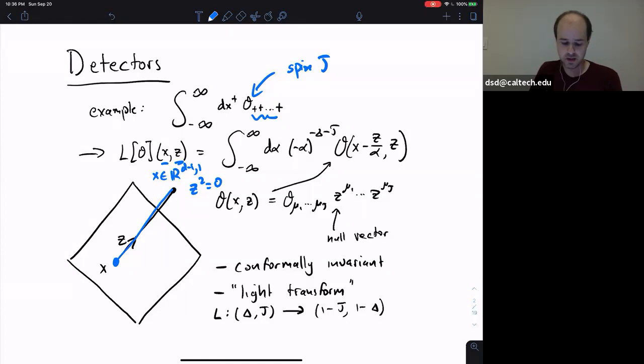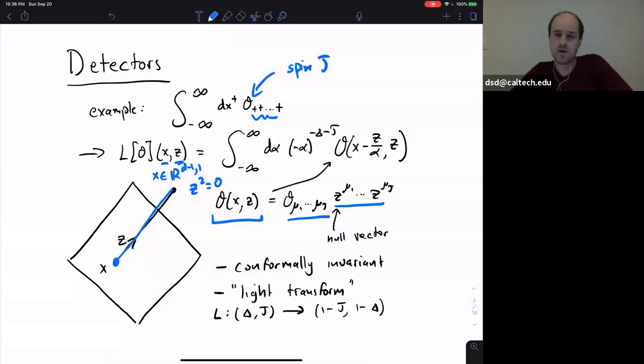The nice thing about labeling these null integrals in this way is that the result actually transforms like a conformal primary. Here I'm using index-free notation. For example, if we had a local operator, you can take its spin indices and contract them with null polarization vectors. And that gives O of x comma z.